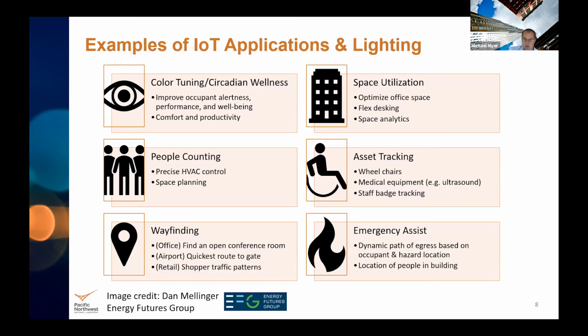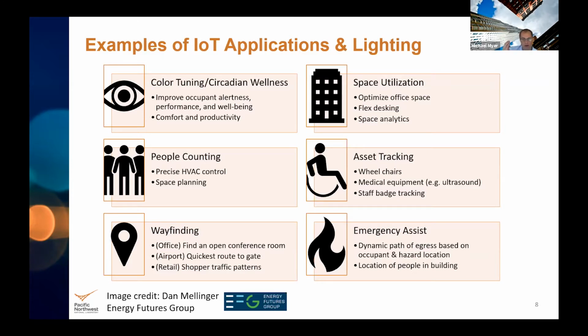And I mentioned earlier the space utilization example with the graph there. Or you can ultimately get into, we all talk about healthy buildings now, and the circadian and color tuning can play a role there, which you can do with a digital system and through IoT. And these are just a handful of the benefits and applications that you can do with IoT.